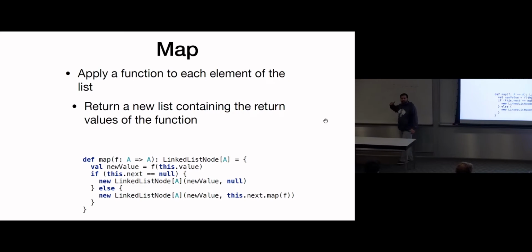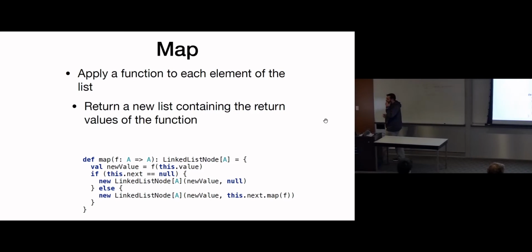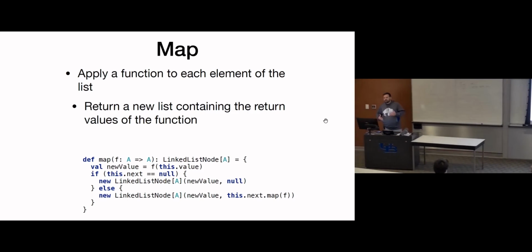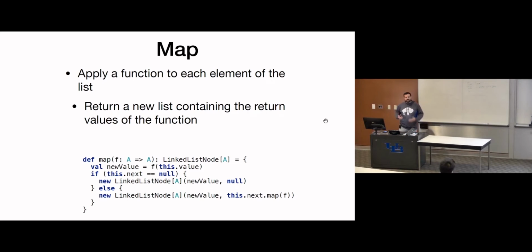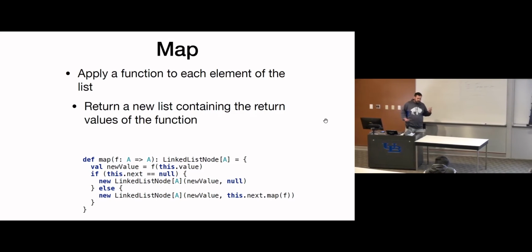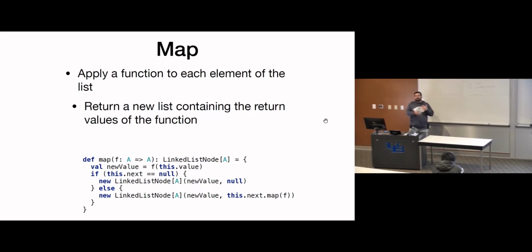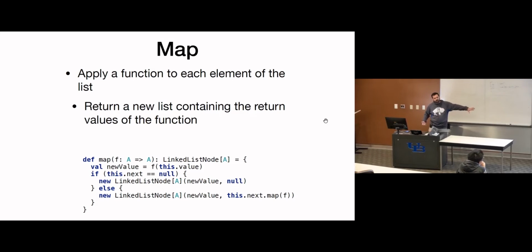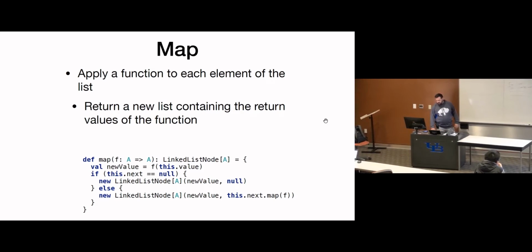Then keep returning up until the head of the list. And the head of the list will have it return a node that refers to all of the rest of the list. So we can map and get a whole new linked list node that is the head of a list with all the new elements that we expect, which is the same thing that Scala's map function is doing.